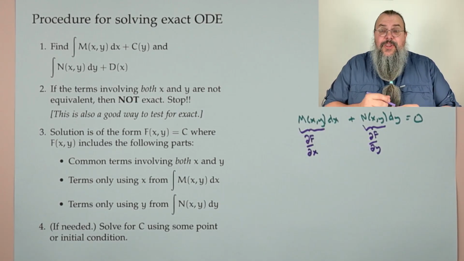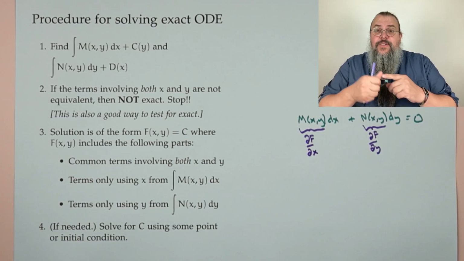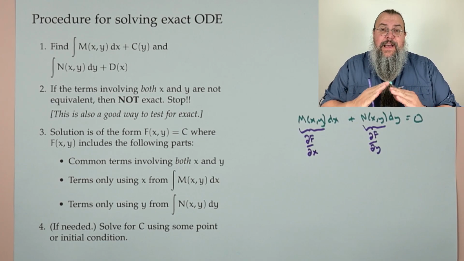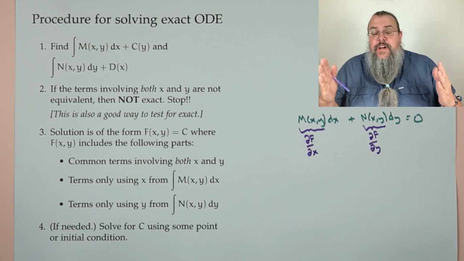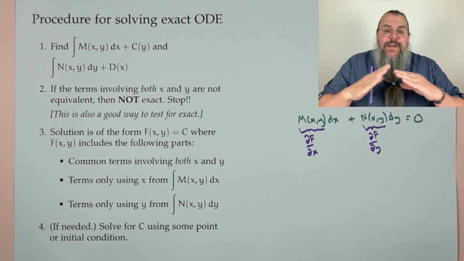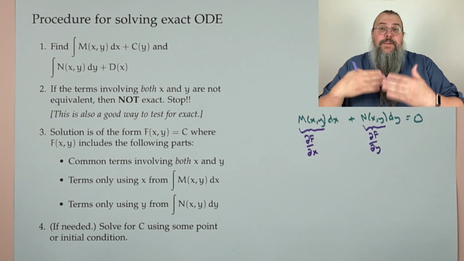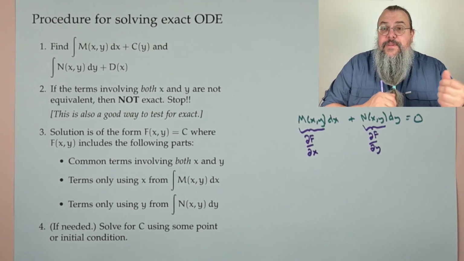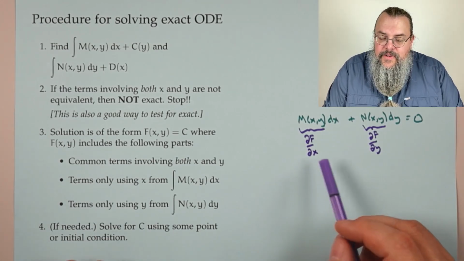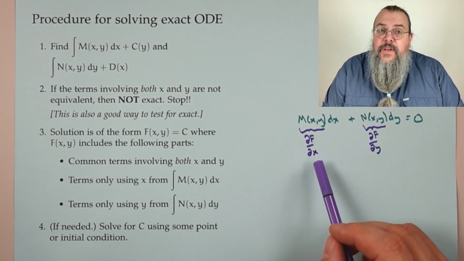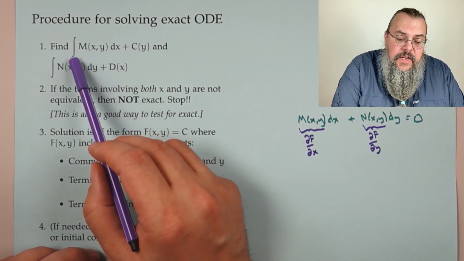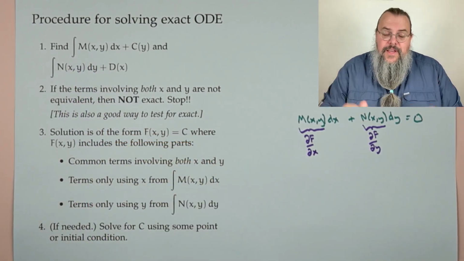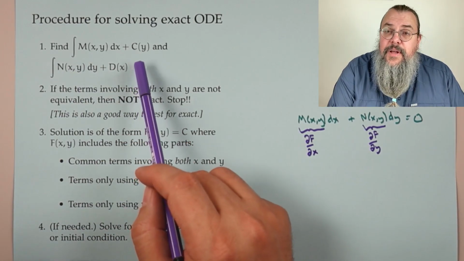Now, here's the thing. If you take a derivative and then integrate, you don't quite get your function back. In single variable calculus, we'd say you're off by a constant. When we have multiple variables, we're off by a constant with respect to the variable we worked on. Notice here we have x, so I'm a constant with respect to x, and that could be anything that depends on y.